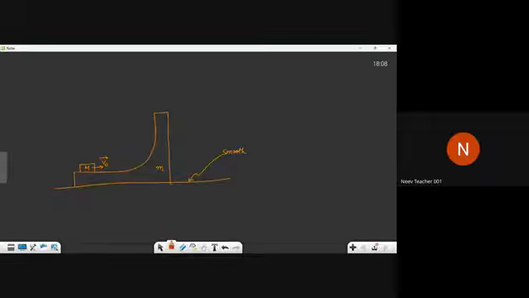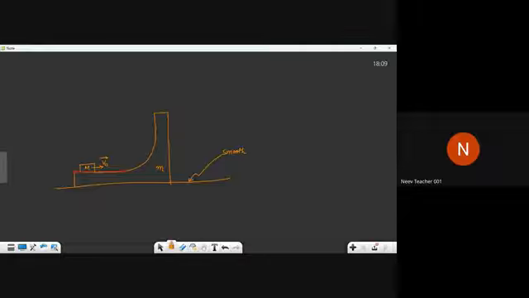Up to this point, there will be no force or component of force acting on small m in the horizontal direction. So up to this point, small m rests easy. The track will not move.